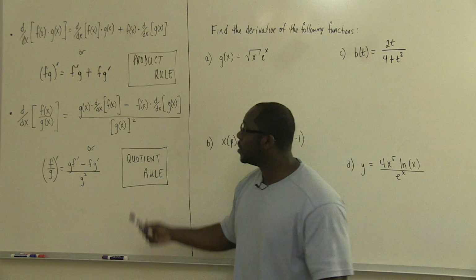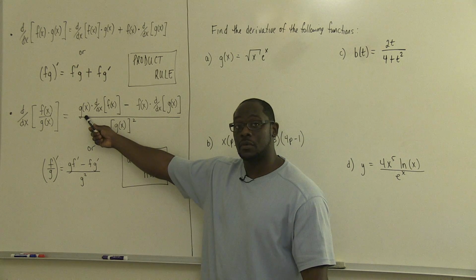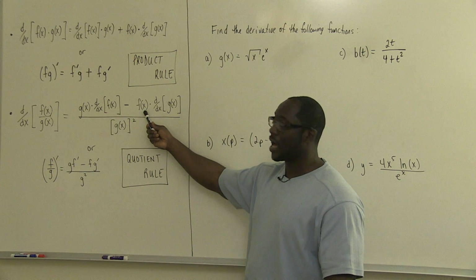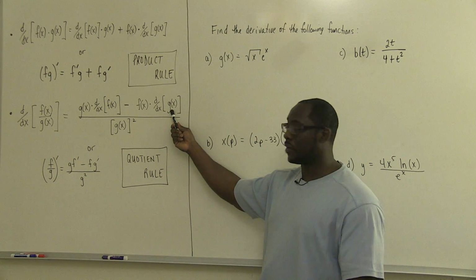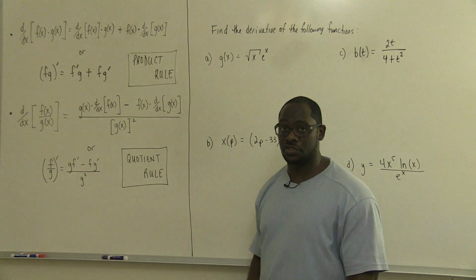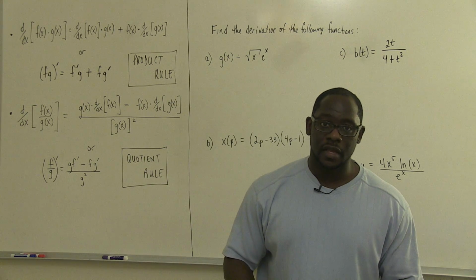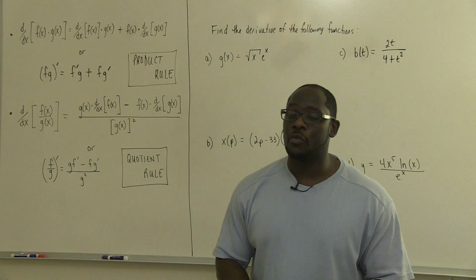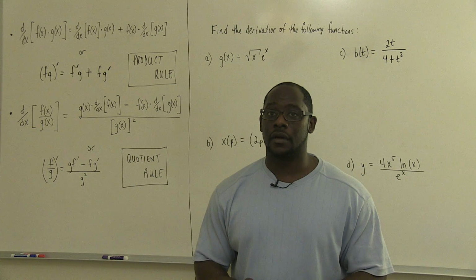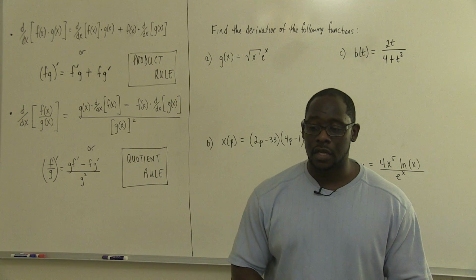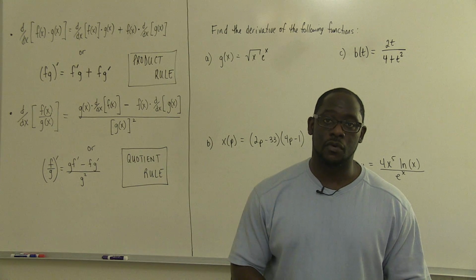And that's exactly what we're doing here: low times the derivative of high, minus high times the derivative of low, over the low function squared. If you can remember those two sayings, then taking the derivative of functions that need the product rule or quotient rule will get easier and easier for you.